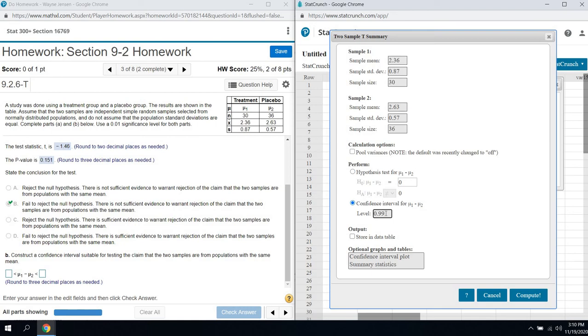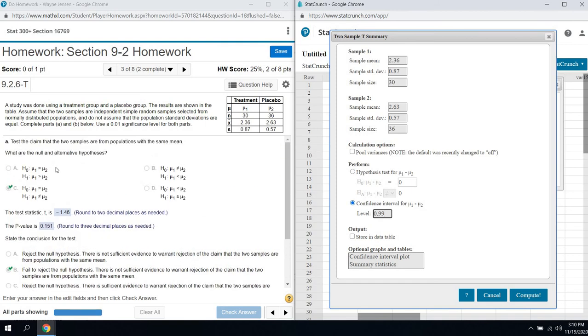I do not have to adjust the 0.01 because part A was a two-tailed test. Why was part A a two-tailed test? Because it was a not equal to alternative hypothesis. This alternative hypothesis right here allows me to know that it's two-tailed.